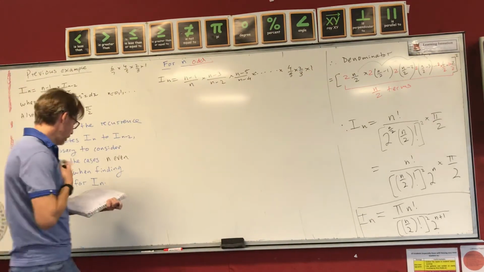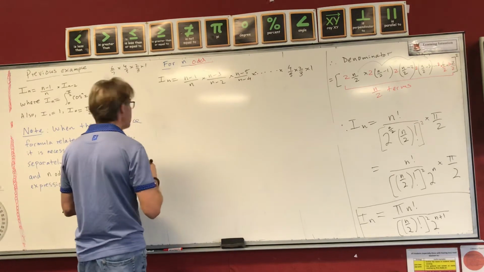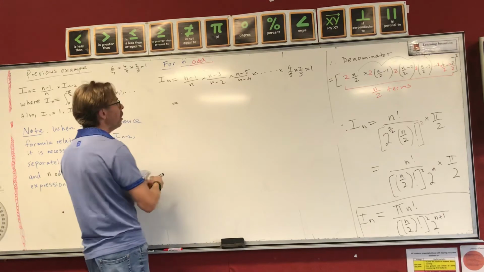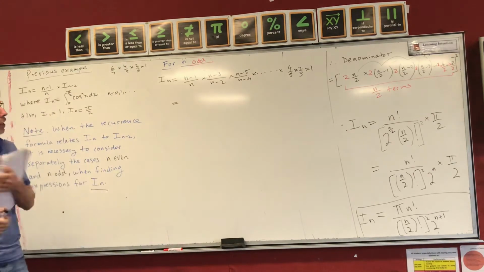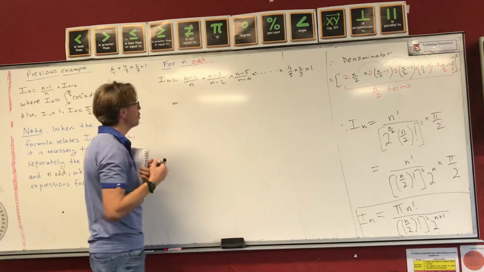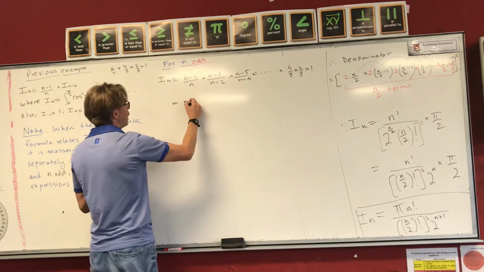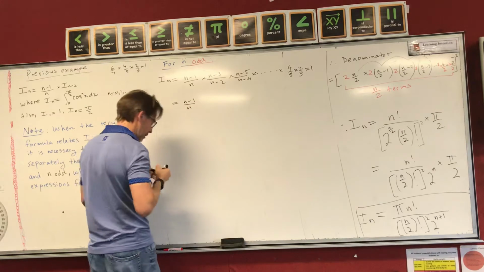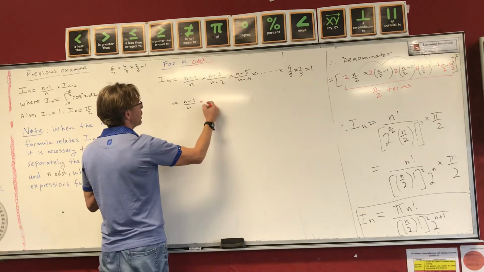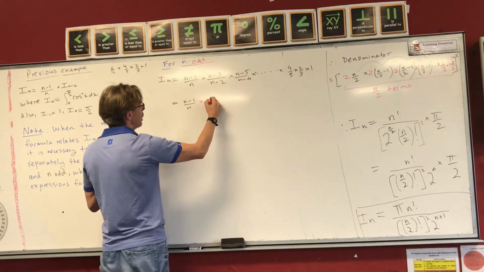Alright. Now, what are we going to do from there? Okay, so we're going to try and force another factorial in there. You can see here the factorial will be on the bottom this time. So I'm going to write down n minus 1 on n. And then I'm going to put the factorial in there. Okay, now I've got to put an n minus 1 in there.